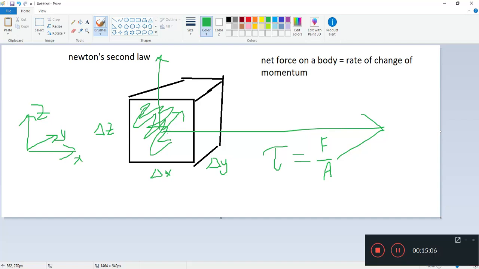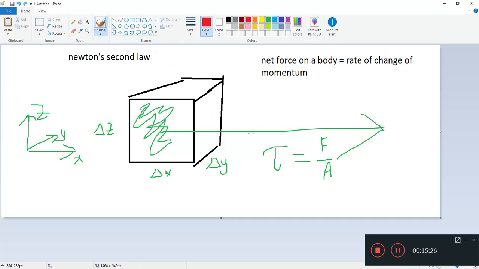We have the stress in the x direction, the y direction, and the z direction. Of course, in reality, you can have a stress in any random direction, but you can decompose this vector into this x direction, y direction, and z direction. That's all we have to do.